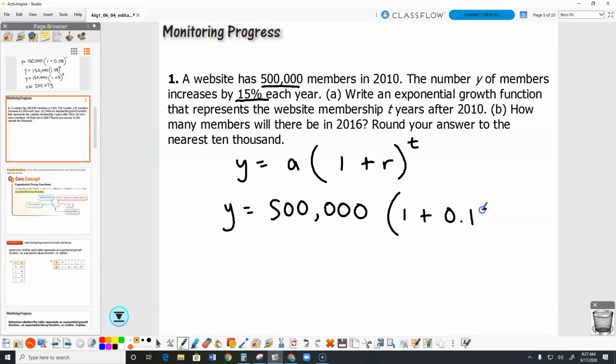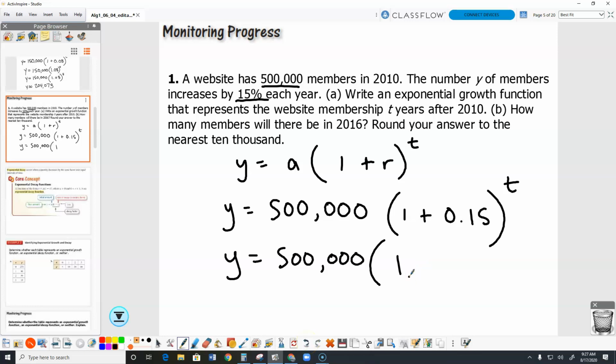We'll have 0.15 and to the power of t. Okay, so then all I have to do is add together the amount that's in the parentheses. So y equals 500,000 times 1.15 to the power of t. Okay, so that gives us our equation needed.